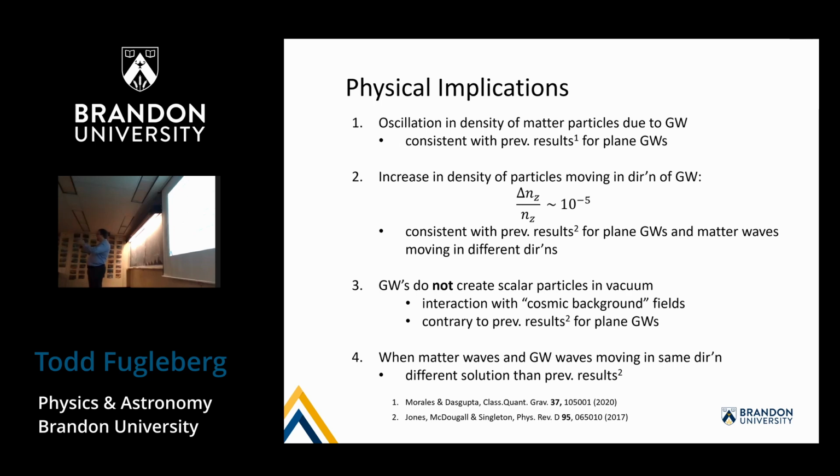And it's oscillating because of the effect of the gravitational wave propagating through space. The results we got for that are consistent with the previous results, where they only considered plane gravitational waves, which basically didn't take into account the fact that this gravitational wave had to decay in amplitude with distance, which should have been a really good approximation.